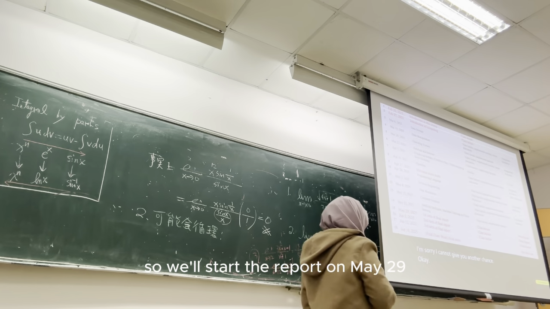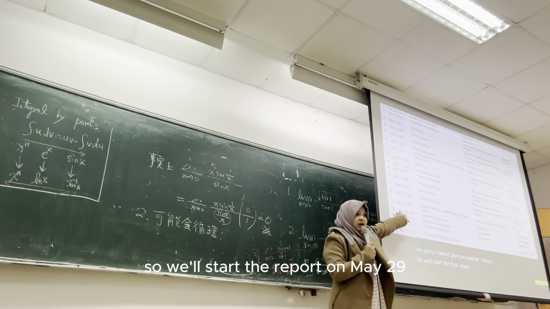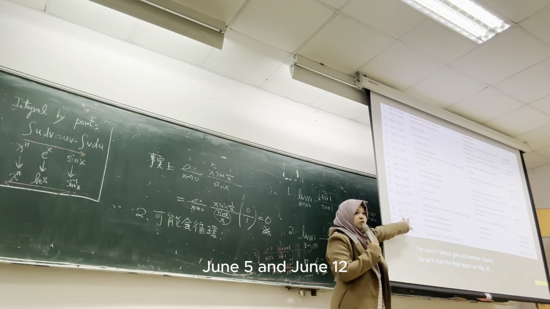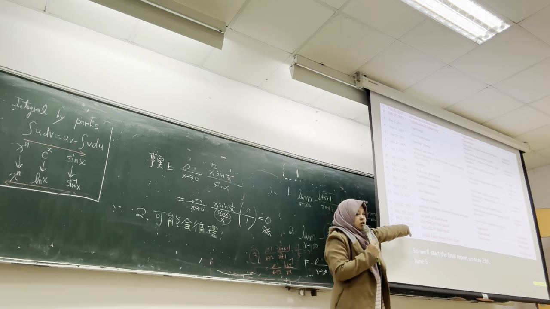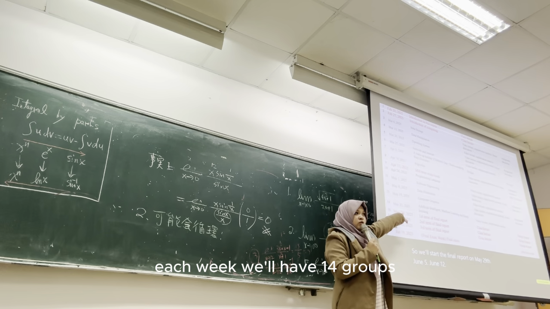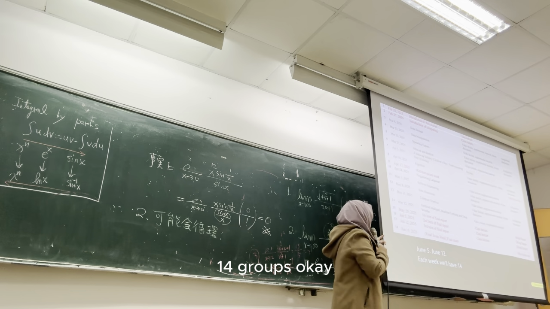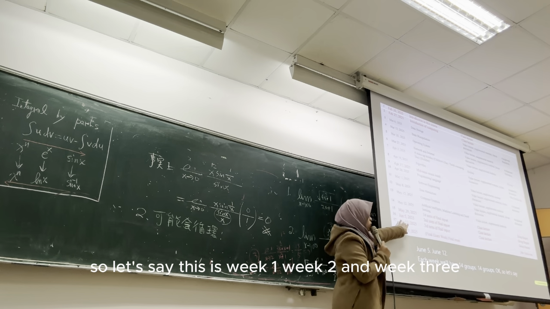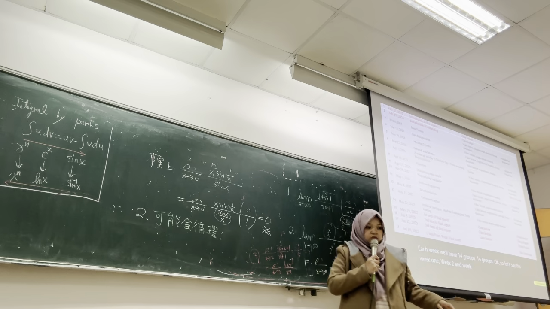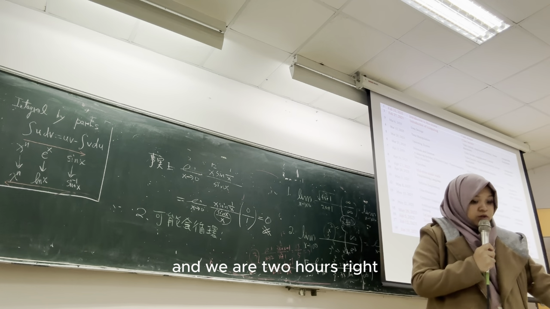So we will start the final reports on May 29, June 5, and June 12. Each week we'll have 14 groups. Okay? So let's say this is week 1, week 2, and week 3. And we have 2 hours, right?